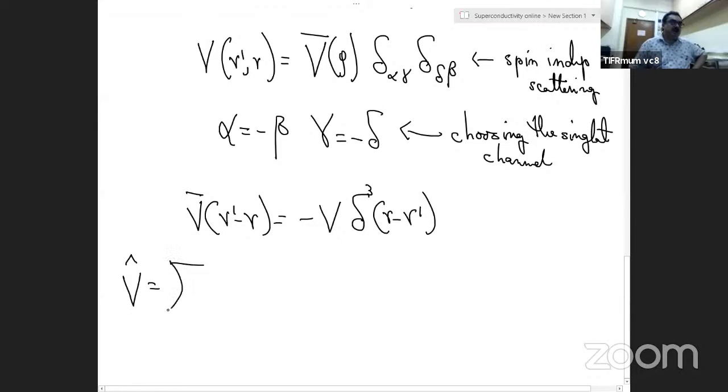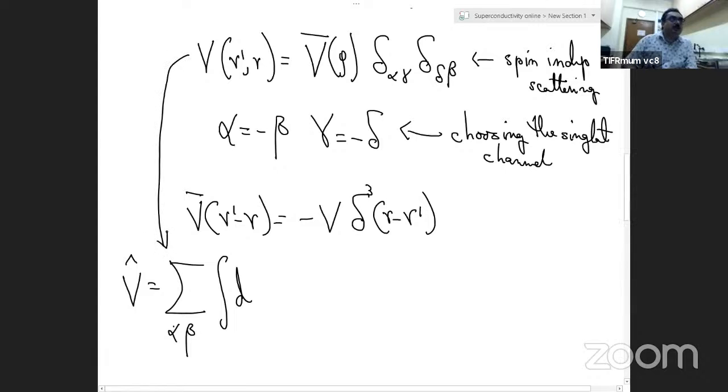So I had this sum over four spin indices that reduces to two spin indices because of these conditions that I am imposing. So this reduction is because of this. This is what I am using first. In this step, I am using this. And in the next step, I will use alpha equals minus beta, which will further reduce it.